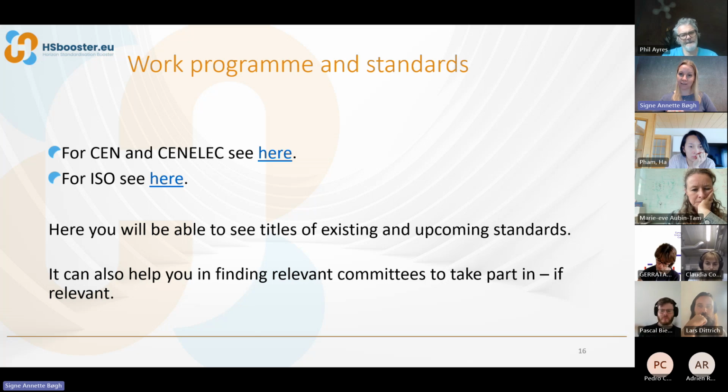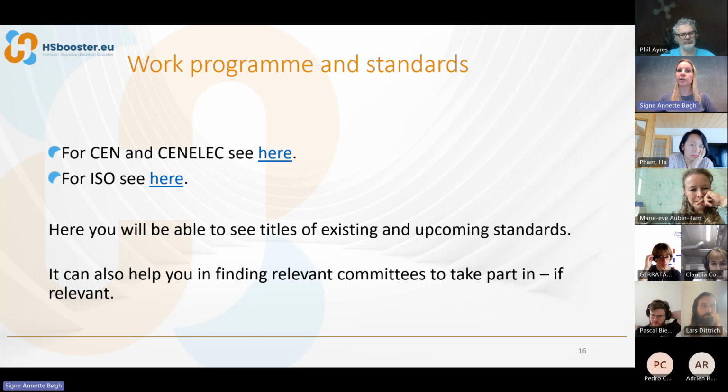You can only see the titles, I'm afraid, because if you want to have access to the standards, then they need to be purchased. This is something you can do via the national standard body. And some of you, I'm sure, will have access via your organizations, because many organizations already have access to these standards. If you're unsure, then try to ask within your organization if you already have access to standards. Otherwise, I can tell you, first of all, they're not very expensive.